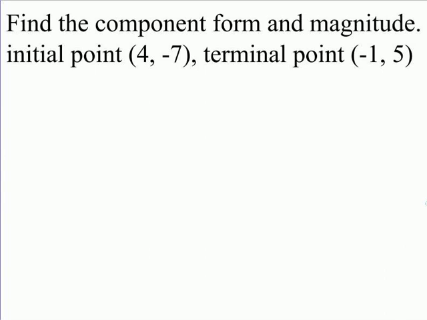Okay, so our first example says find the component form and the magnitude. I have an initial point of 4, -7, and a terminal point of -1 and 5. So the first thing I need to find is the component form. So the component form, if you remember, is the one that looks like this. And so what I need to do is find each individual component.